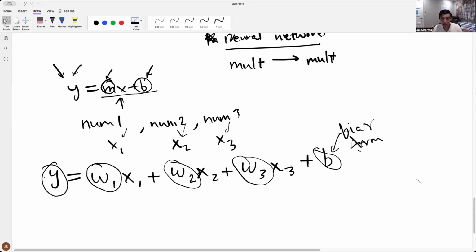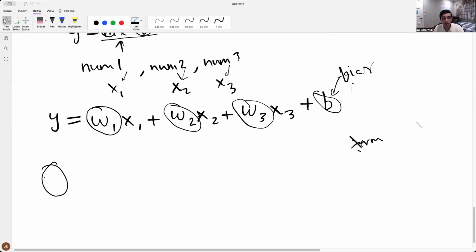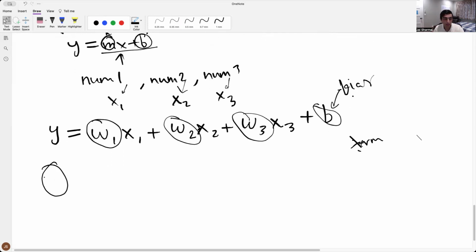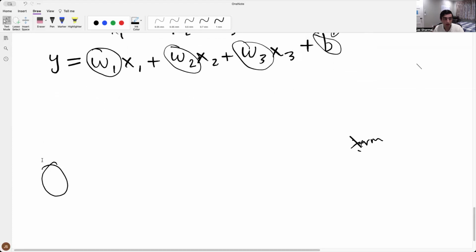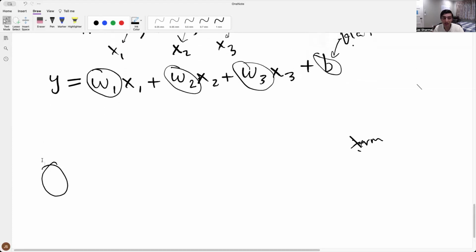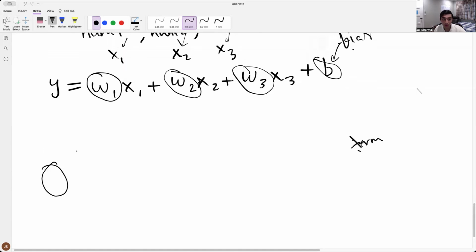And so this is actually how it's done. In logistic regression, it's exactly the same thing. Let's say we had these three numbers and we're trying to predict whether or not it's going to rain tomorrow, that being a yes or no question.